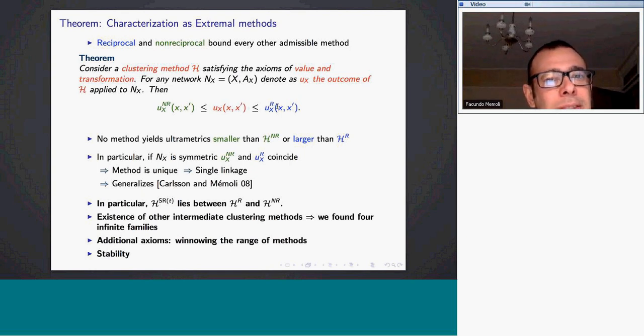What we liked for symmetric networks was that we had 2 very simple axioms, 2 very simple properties, and then established that there was a unique method satisfying both. Now, removing the symmetry, we are in a very wild environment. Many methods seem to satisfy the axioms that were very restrictive before. Now that is not enough for pinning down exactly the methods that are admissible.